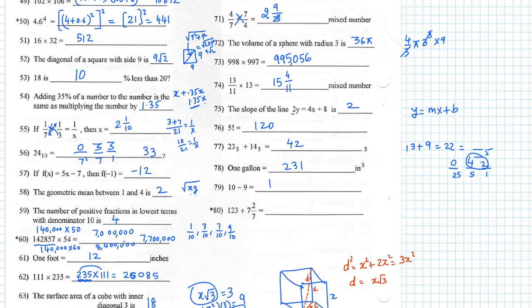Both are multiples of 25. So we have in the numerator 50, and in the denominator we have 3. So this is 50 divided by 3, which is 16.7. So we can approximate this as 17. So that would be the answer.